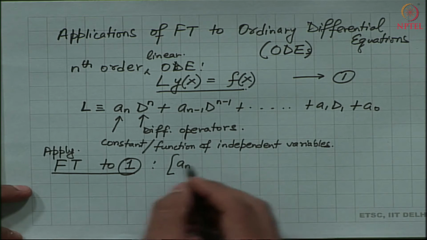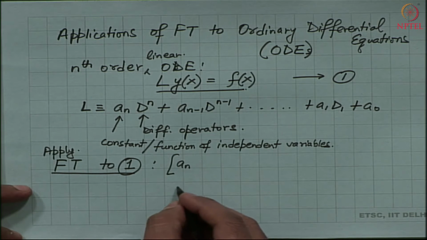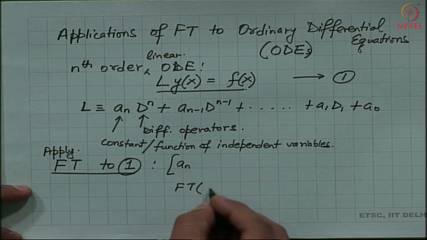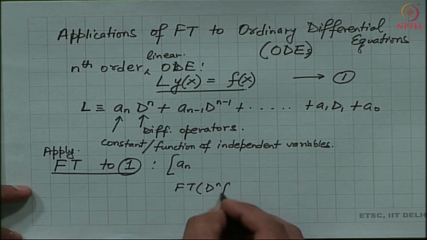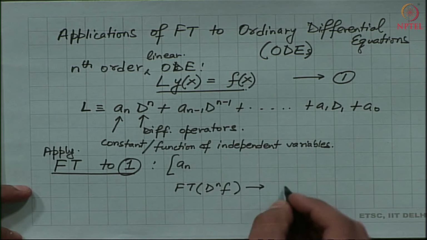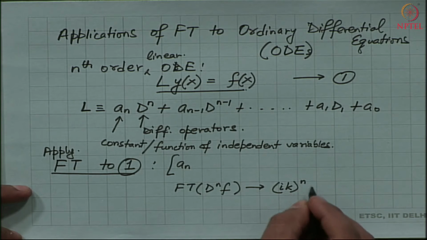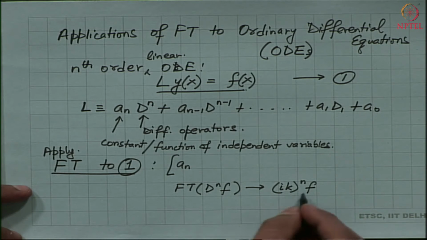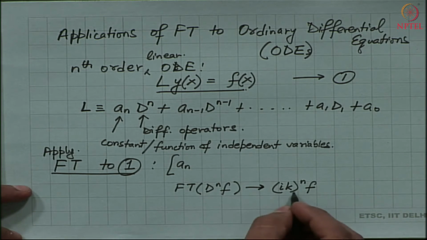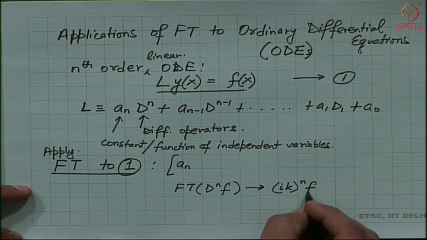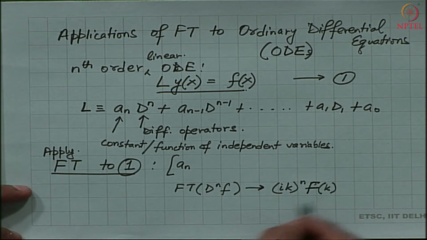So instead of D^n, notice that the Fourier transform of D^n of f is reduced to an expression (ik)^n times the Fourier transform of small f.